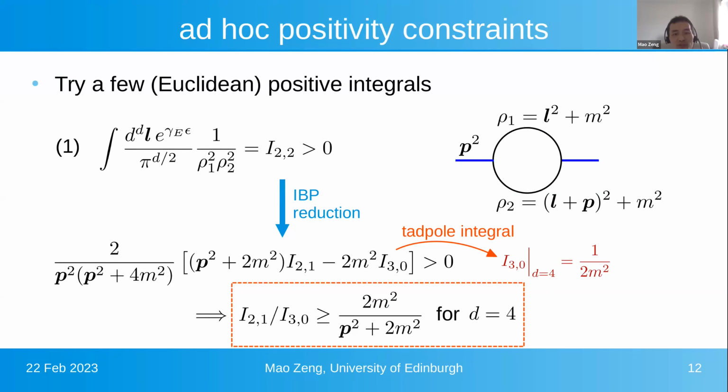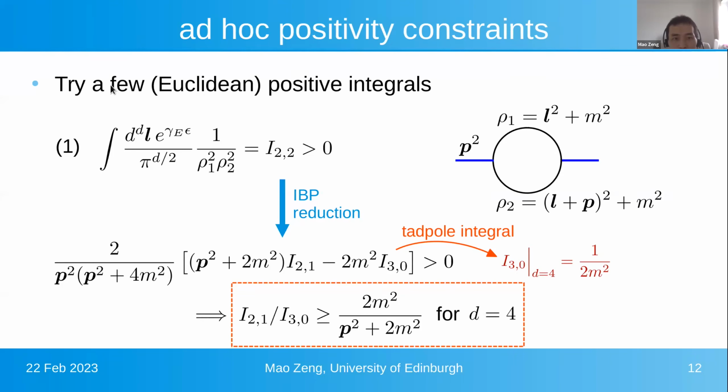Now I will show you some first results, which I call ad hoc positivity constraints. So the game is just to write down some random integral, which you know must be positive, and then see what constraint you get from it. Here I will unfortunately introduce a little bit more notation just to simplify how I write things.